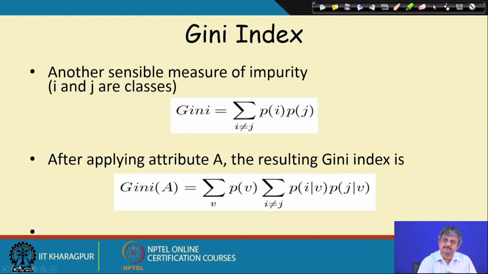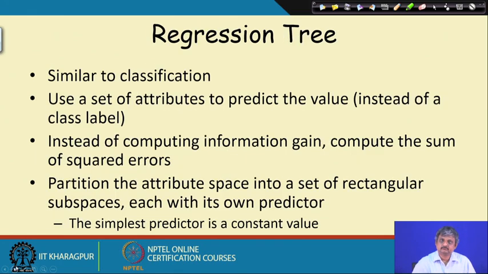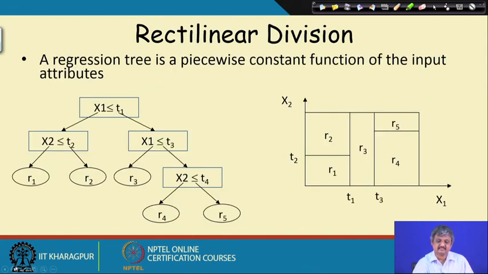Sometimes instead of the entropy, an alternate index is used called the Gini index, which is defined like this. One more extension is a regression tree. What we do here is that instead of leaves being classes, each of the leaves is some regression value. Some constant value or some piecewise constant function, some values R1, R2. Instead of class, they are values.